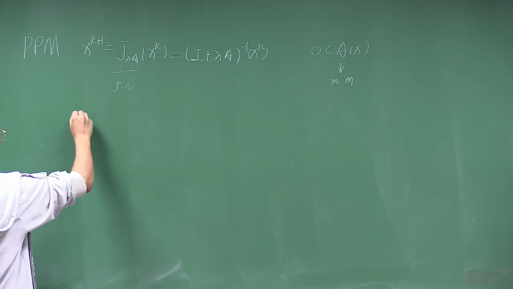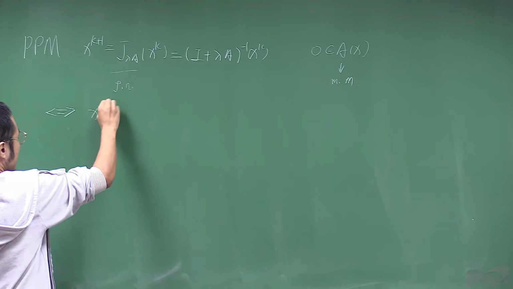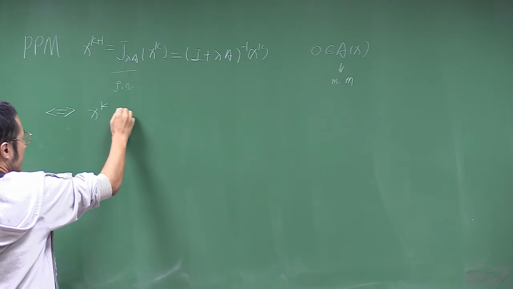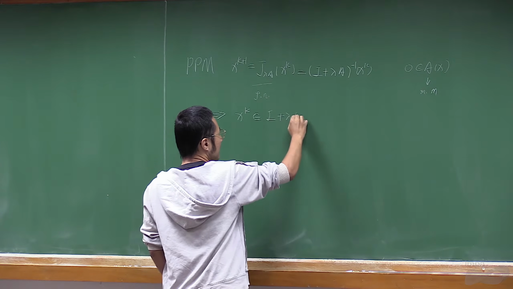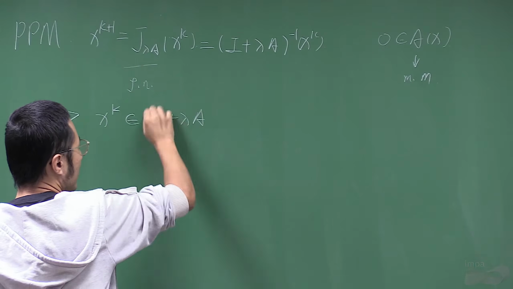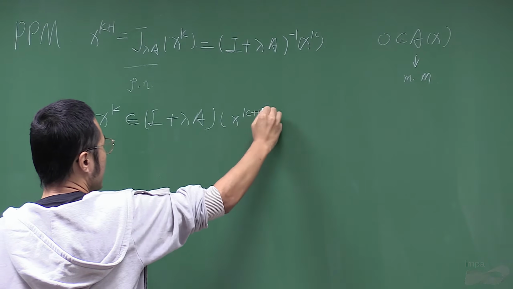By the definition of this resolvent, we can rewrite this equality as an inclusion. It is equivalent to say xk belongs to (I plus lambda A) at xk plus 1.